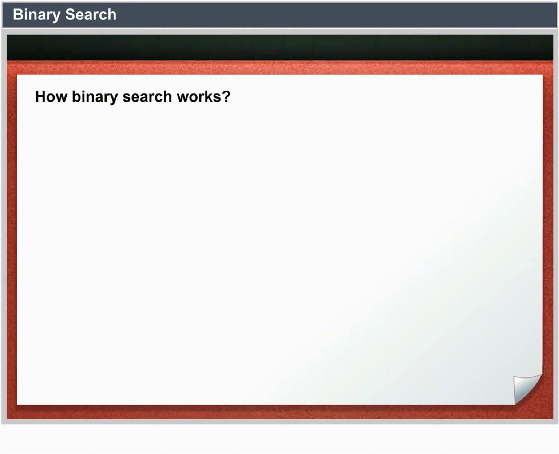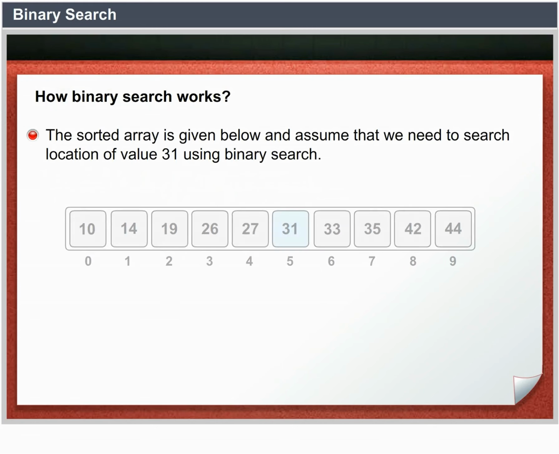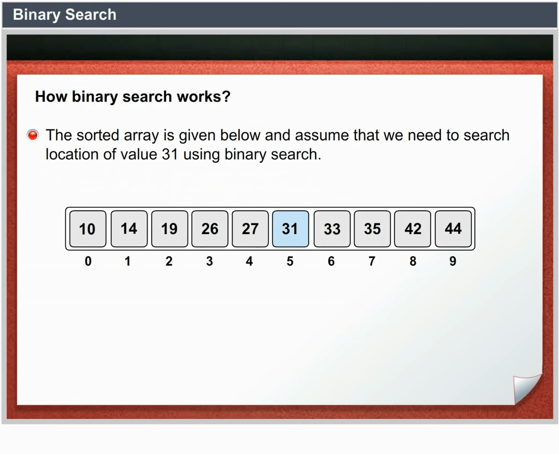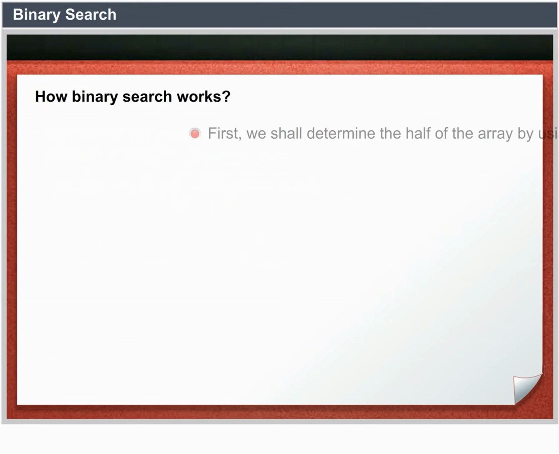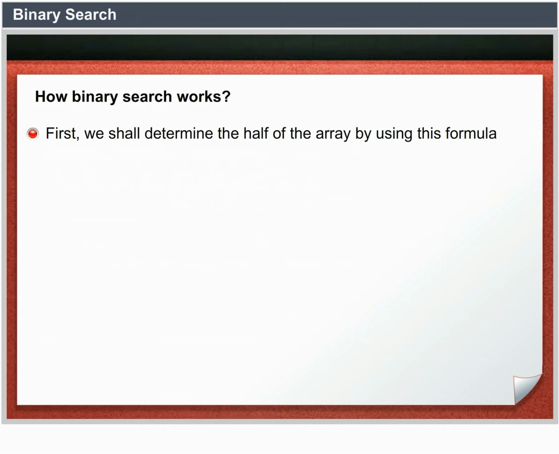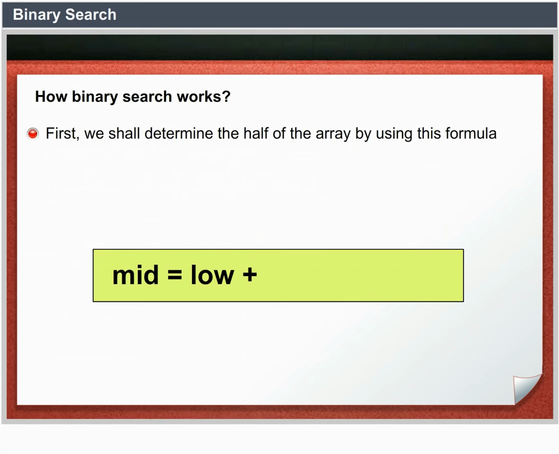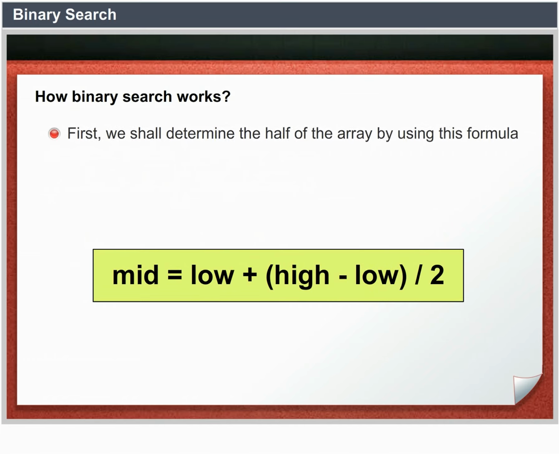How does binary search work? The sorted array is given below and assume that we need to search for the location of the value 31 using binary search. First, we shall determine the half of the array by using this formula: mid = low + (high − low) / 2.